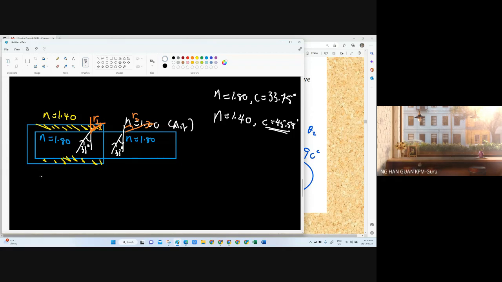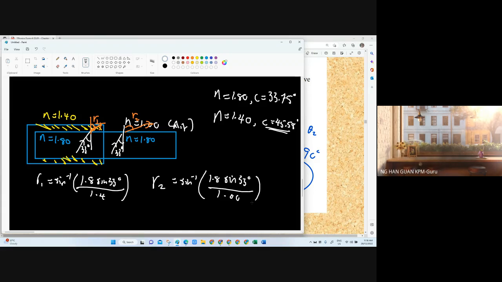Okay. So R1 will equal to, sorry, R1 equal to the inverse sin of 1.8 sin 33 over 1.4. Okay, R2 without the outer cladding will be equal to the inverse sin of 1.8 sin 33 over 1.00.